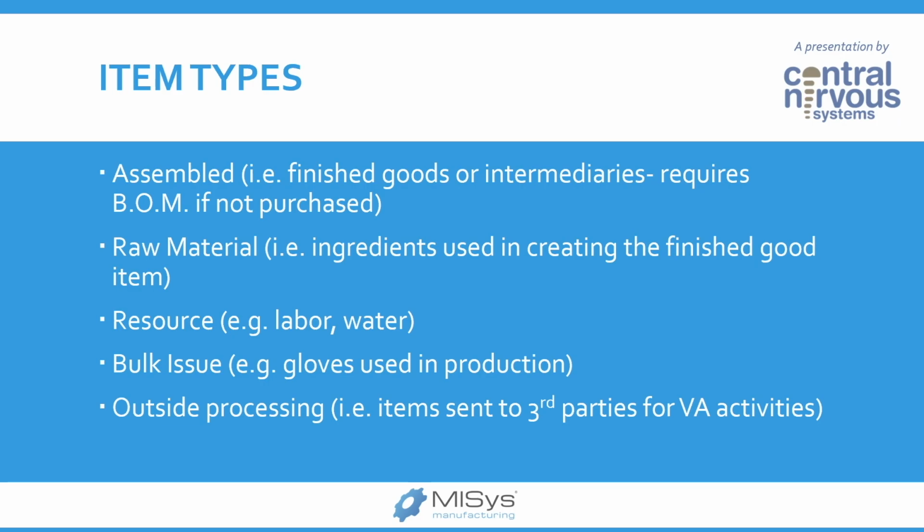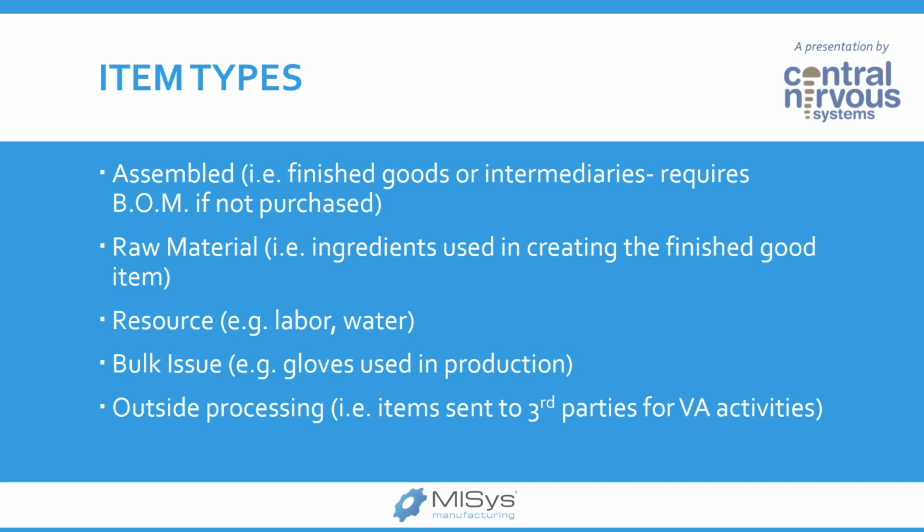The item types that MISys allows us to enter are five. Assembled items are our finished goods that we might sell to customers, or our intermediaries. These require a bill of materials unless we're purchasing them. We're going to talk more in detail about each of these items. Raw materials are our ingredients used in creating the finished good items.